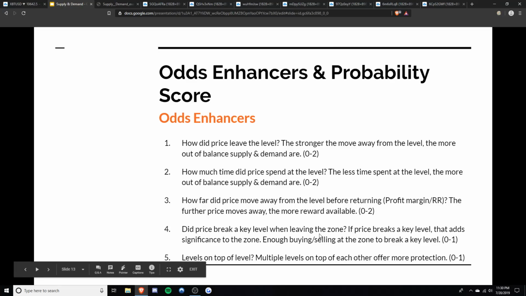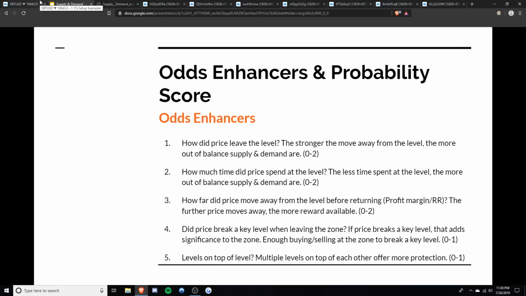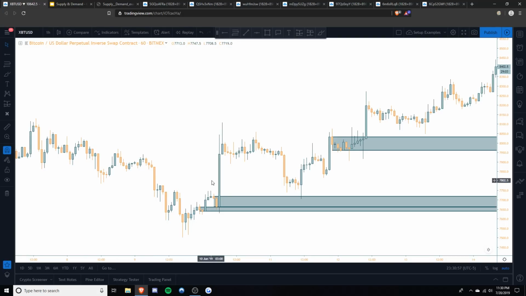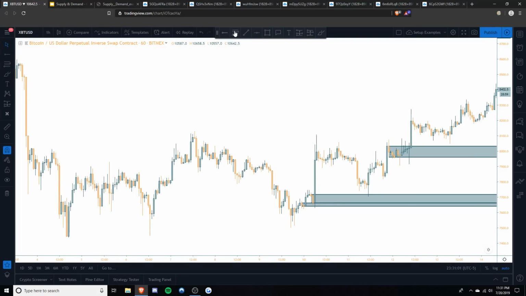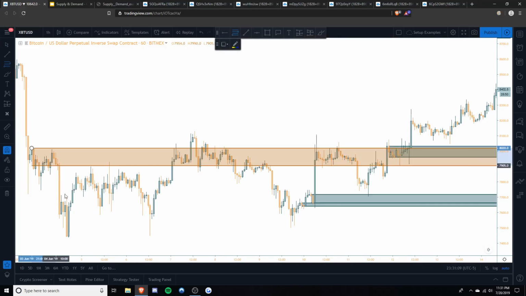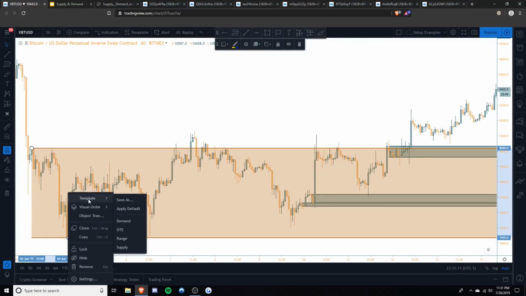Did price break a key level when leaving the zone? If price breaks a key level, then that adds significance to the zone. Let's see, did it break this range high? So range highs, mid range, range low, supply and demand zones, and high time frame levels, like a daily or weekly level.